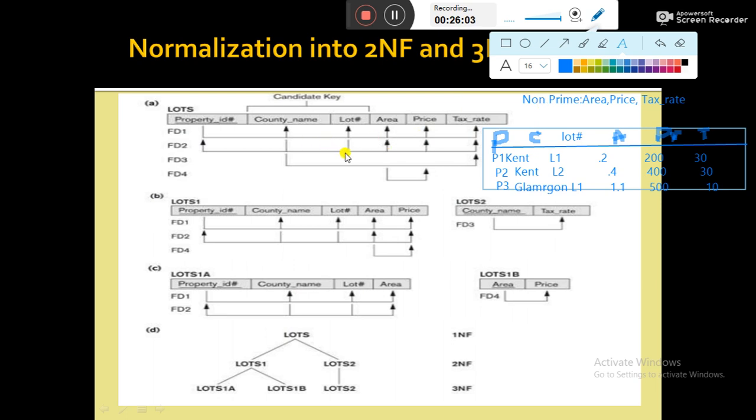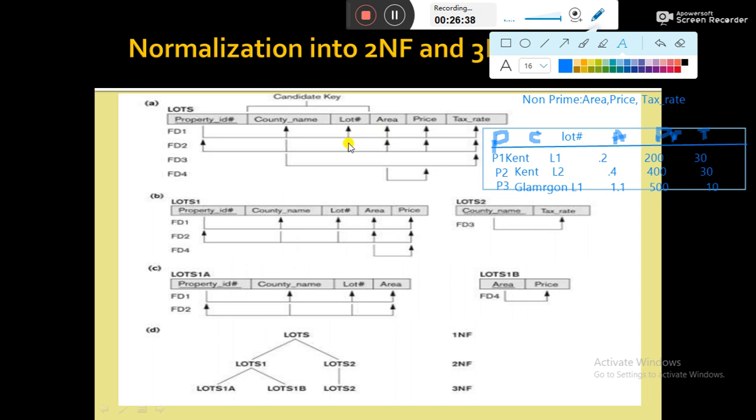Now our condition is that all the non-prime attributes should be functionally dependent on this composite primary key. First check area, a non-prime attribute, whether it totally depends on this composite primary key or not. Based on functional dependency FD2, the arrow towards area, area is fully functionally dependent on county name and lot number.